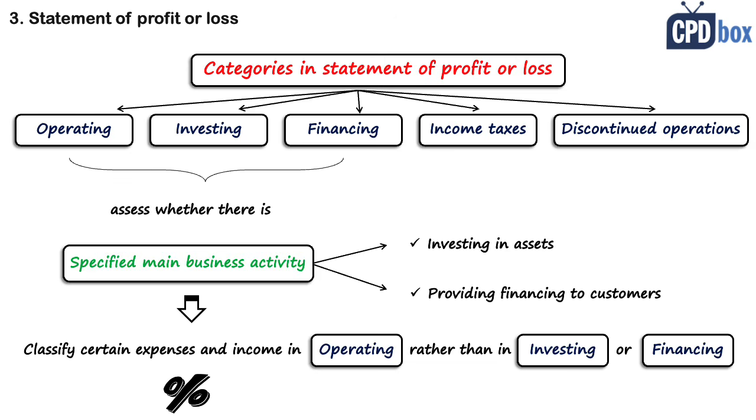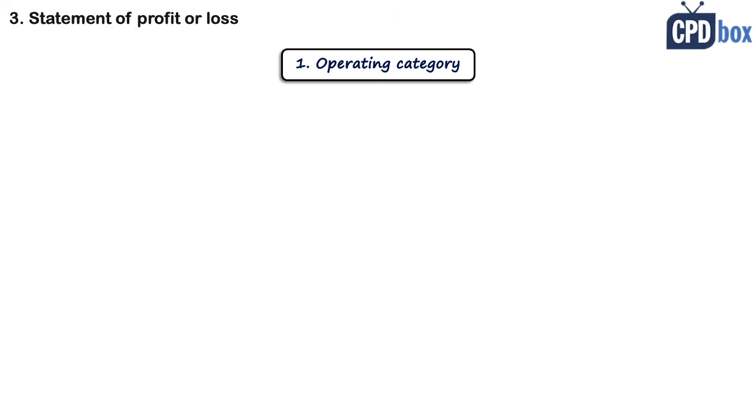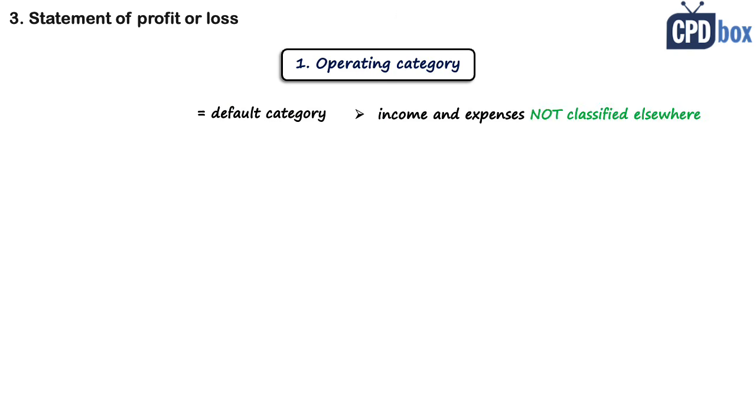Now, let's dig into details. The first category is the operating category, and this is the default category. It means that here are all the income and expenses that are not elsewhere, so not in the financing or investing category. The second category is the investing category.